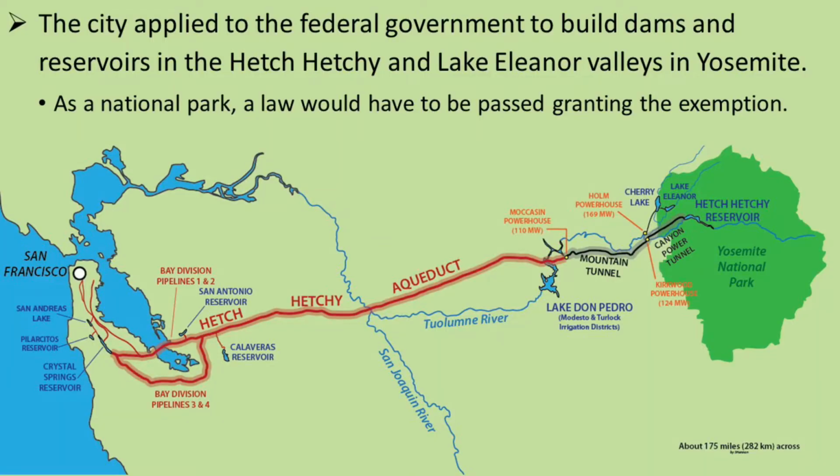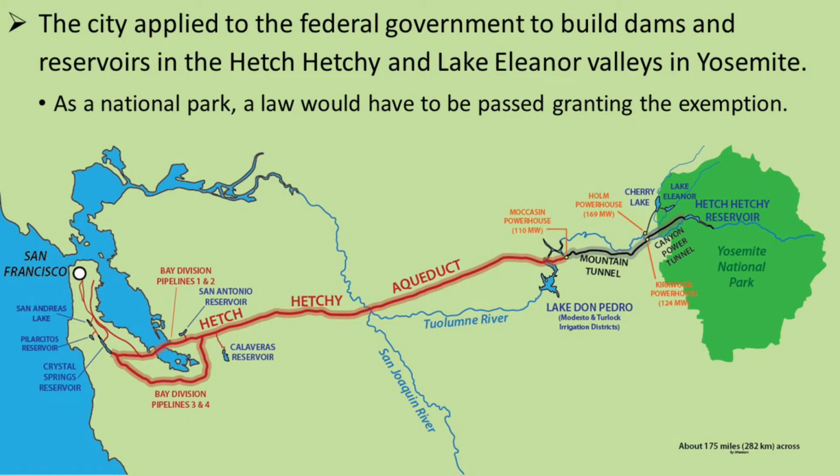And the source of water is from the area of Yosemite National Park, along what we call the Hetch Hetchy and Lake Eleanor valleys in Yosemite. That area was declared a national park.